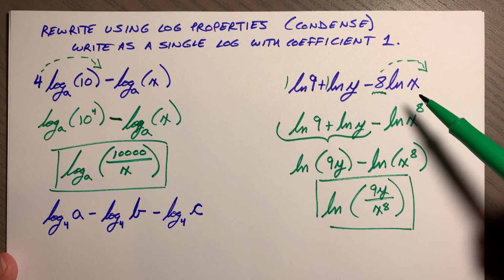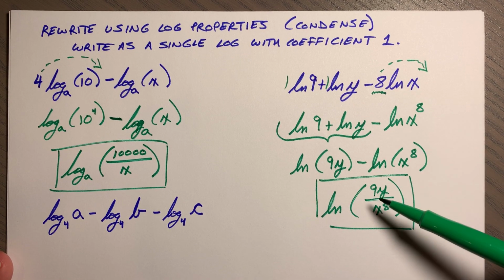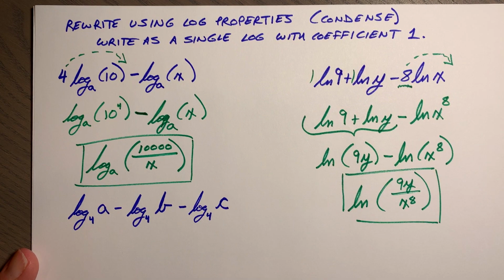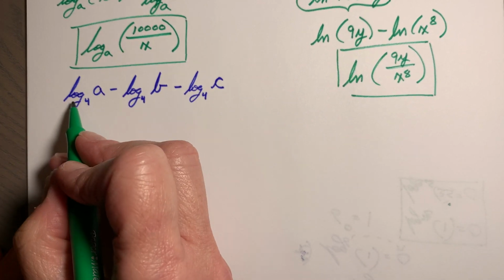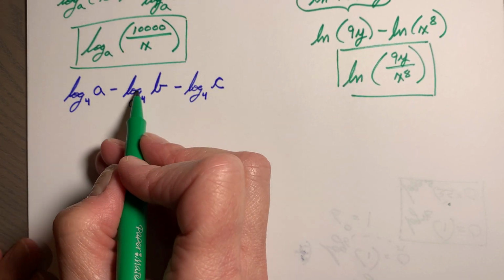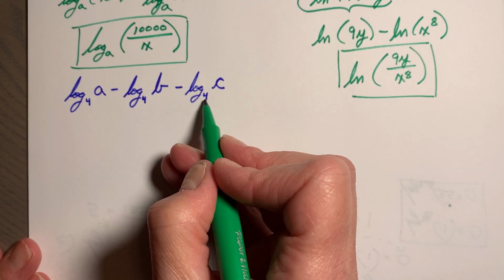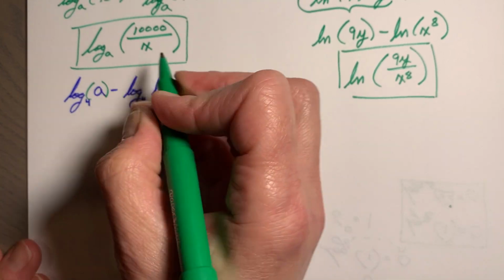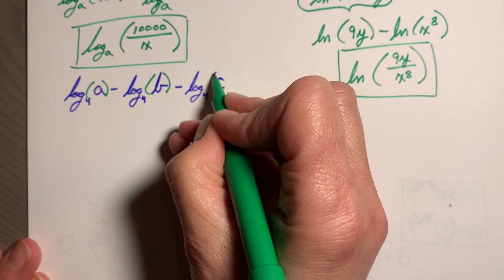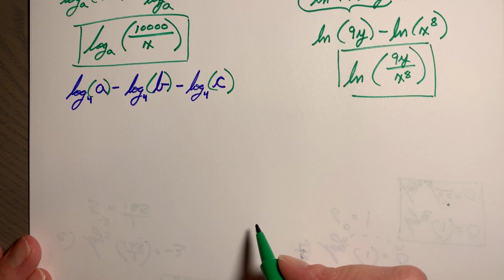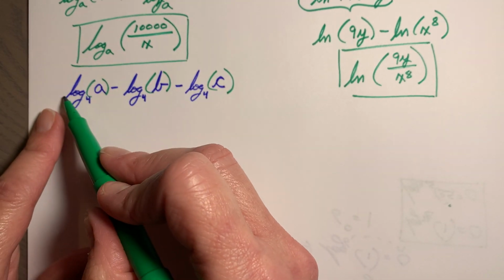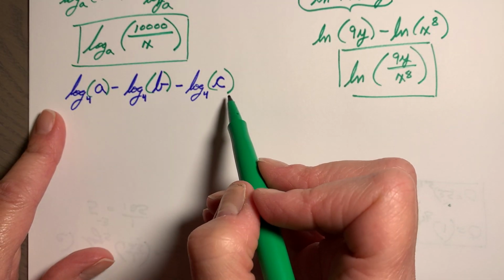Now, just to emphasize, the subtraction can be a little bit tricky when we do our quotients. So let's take a look at this example here. I've got log base 4a minus log base 4b minus log base 4c. I think here the parentheses for the arguments would help me a little bit. See what each of those arguments are. Now, I do not have any power properties to take care of, right?